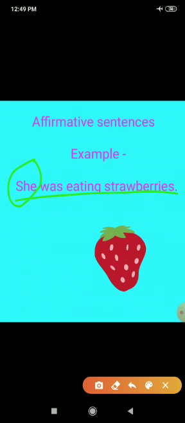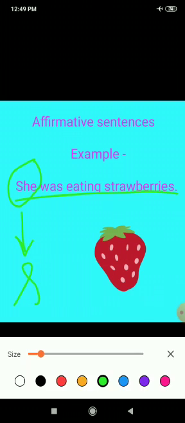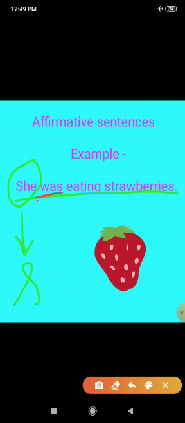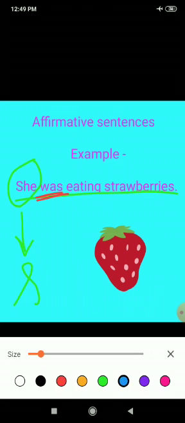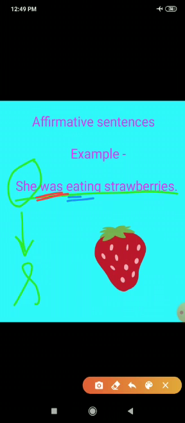And we said the formula for an affirmative sentence in past continuous tense is subject plus was or were plus root form of the verb, in this case it is eat, and the ending ing. She was eating strawberries.